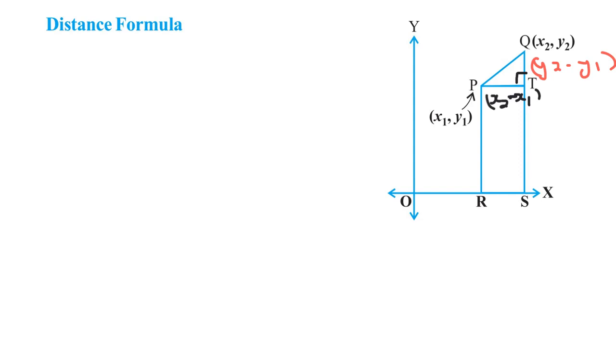Now, is PQT a right angle triangle? In order to find PQ, can I use the Pythagoras theorem? We know the Pythagoras theorem. PQ squared is going to be equal to x2 minus x1 the whole squared plus y2 minus y1 the whole squared.